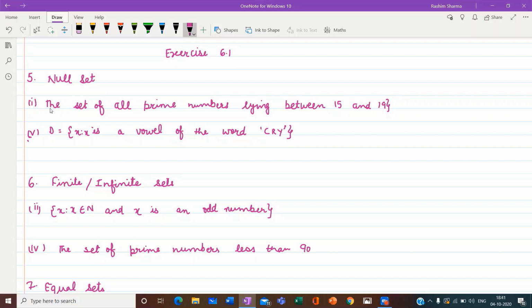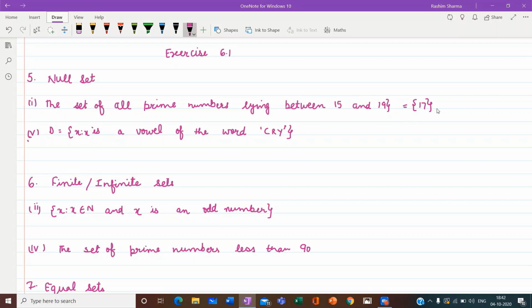The set of all prime numbers lying between 15 and 19. So is there any prime number which is in between 15 and 19? Yes, 17 is a prime number which is lying between 15 and 19. So if we have to write the roster form of this set, it will be 17.